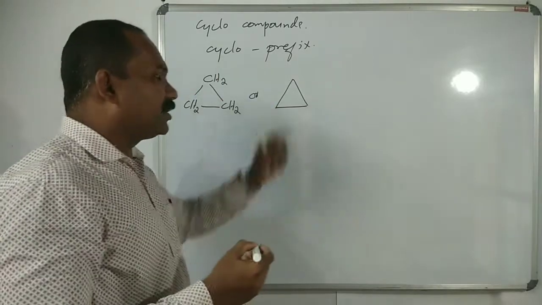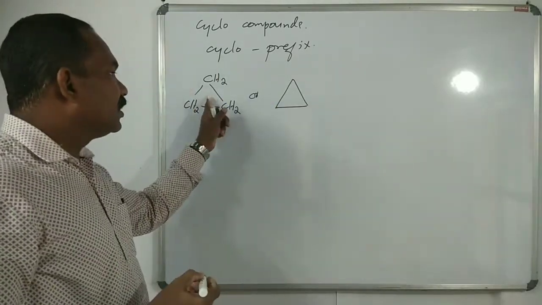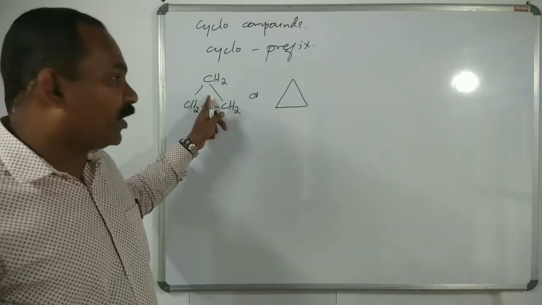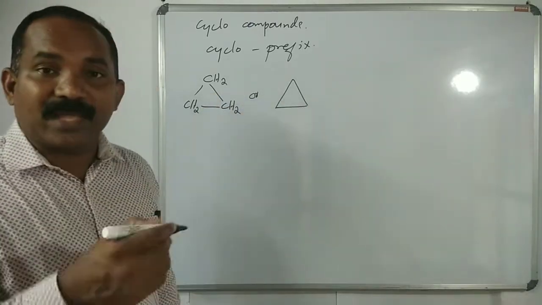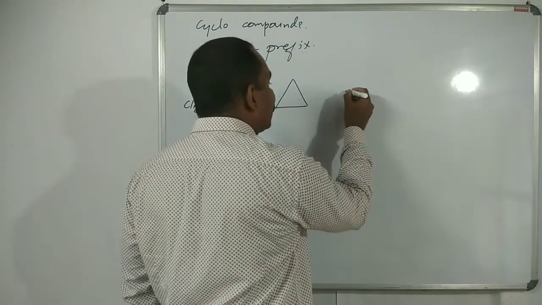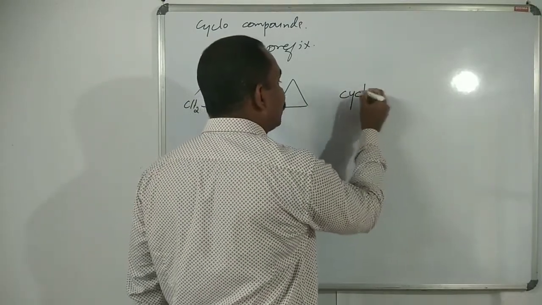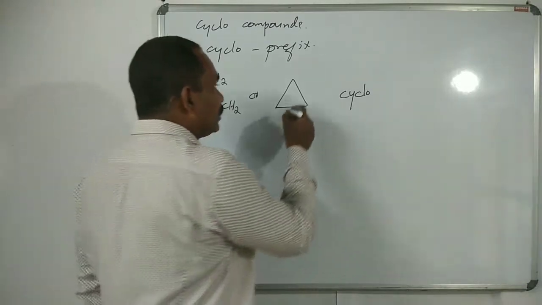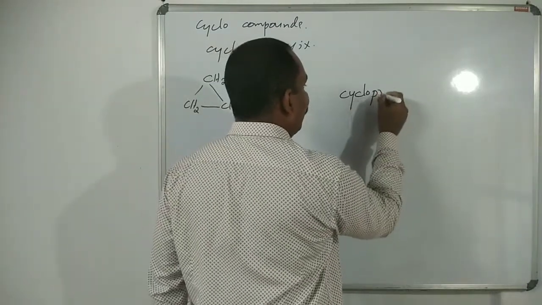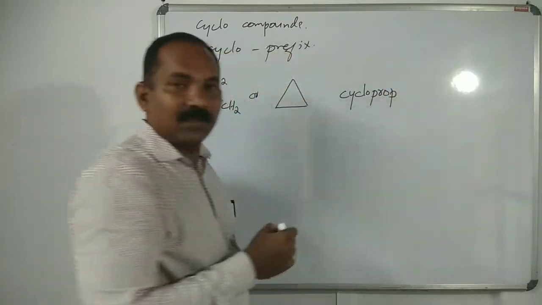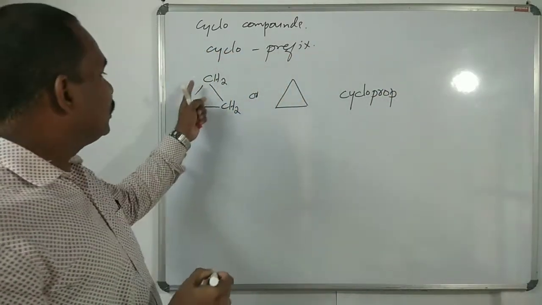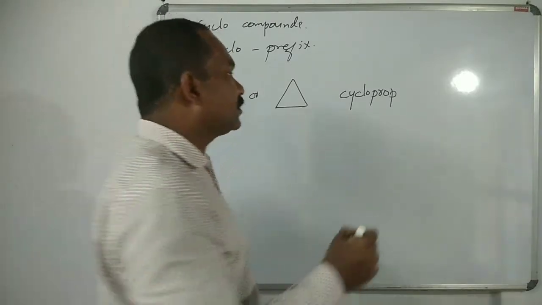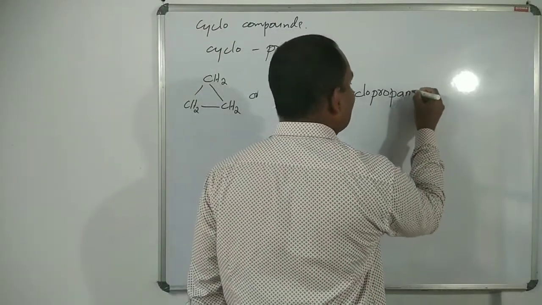This is a bond line structure. This is the condensed formula of cyclopropane. Since there are 3 carbon atoms in a ring, the name has cyclo as prefix, then prop for three carbons. And all the bonds are single bonds, single bonds between the carbon atoms, so ane.